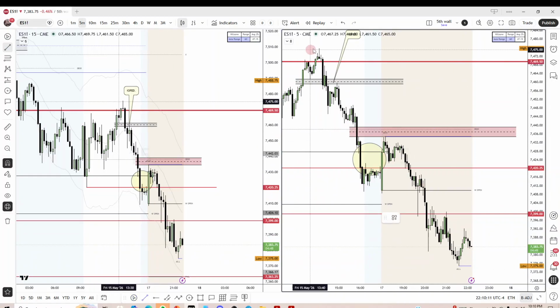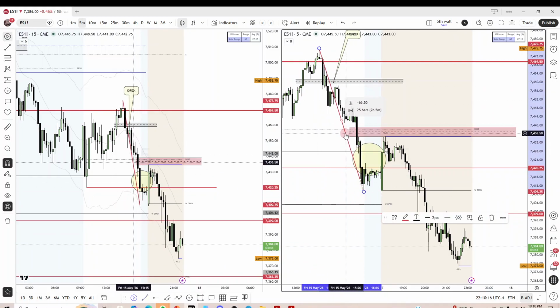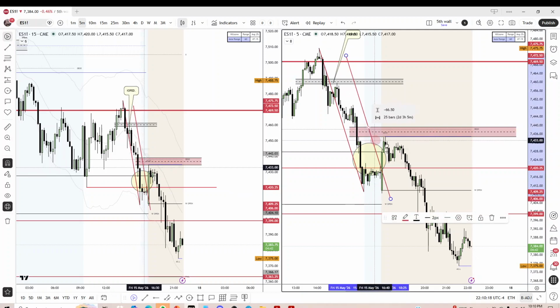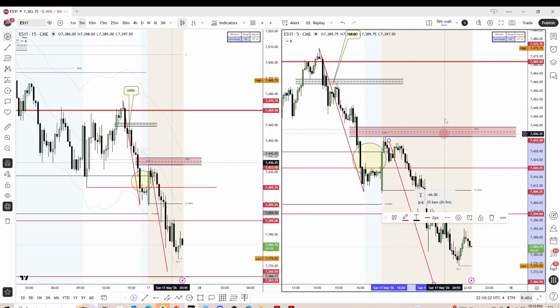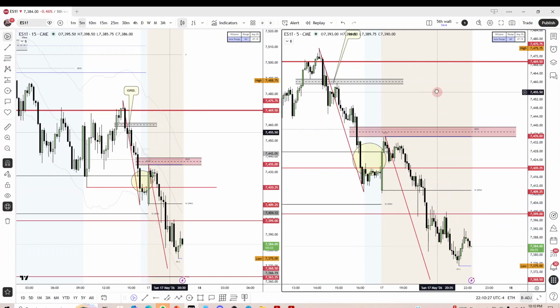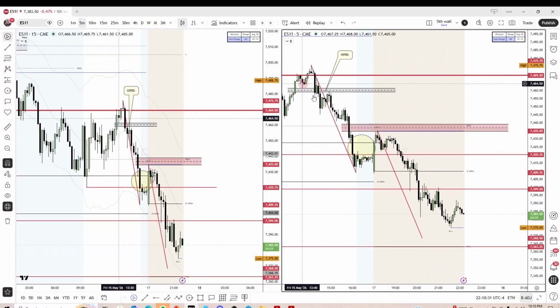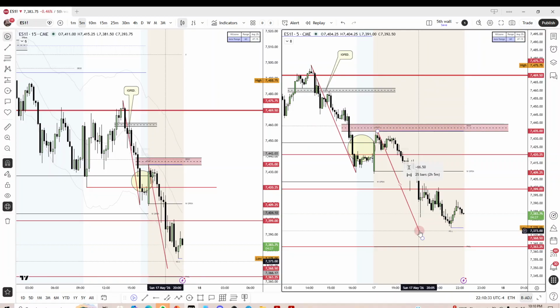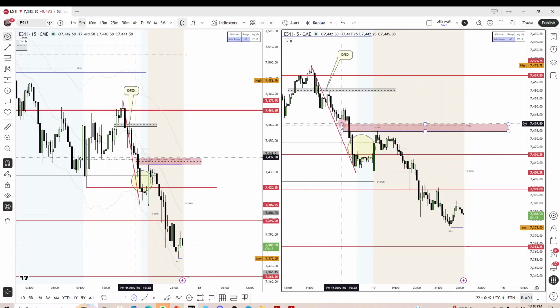Let's see. Measured move. Didn't have to do it that way, but I did. That's 66 points, mirroring this here.